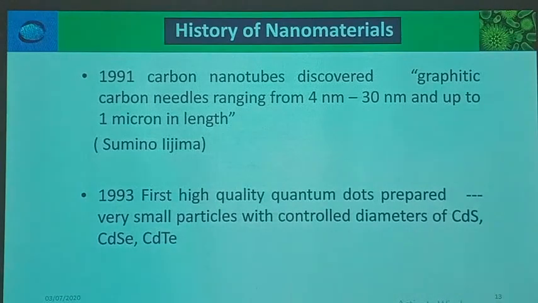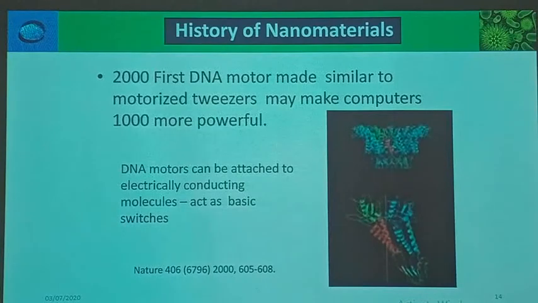In 1993, the first high quality quantum dots were prepared, very small particles with controlled diameters of CdS, CdTe and CdSe. In 2000, the first DNA motor was made, similar to motorized tweezers, which may make a computer 100 times more powerful, and this was reported in Nature.